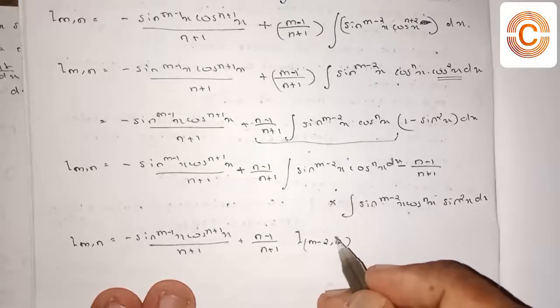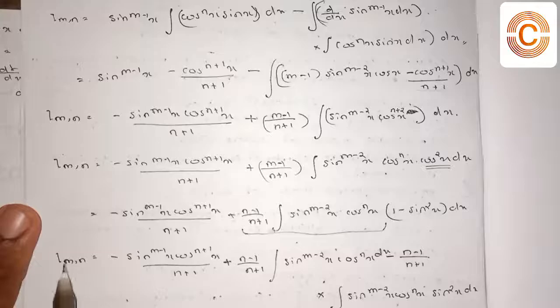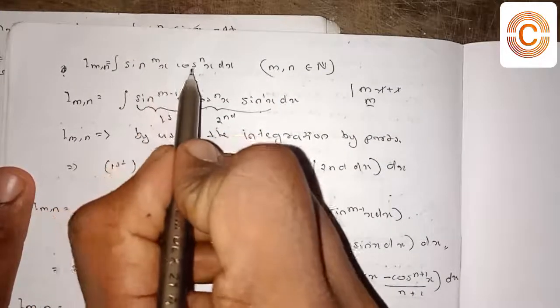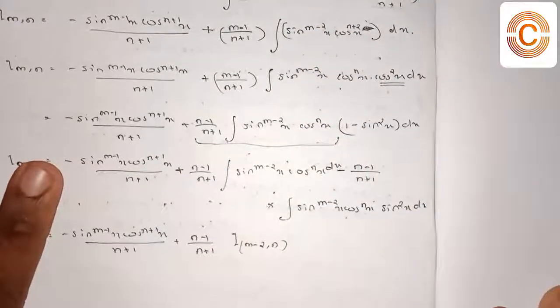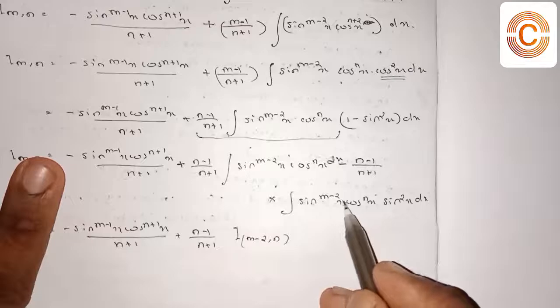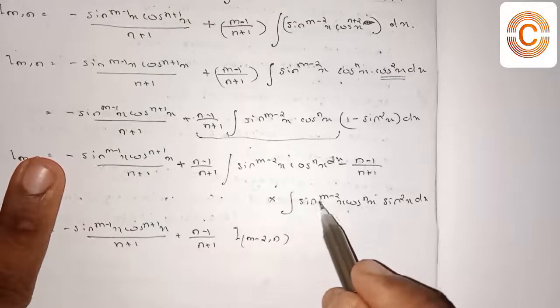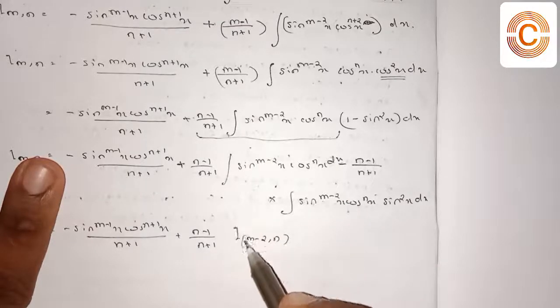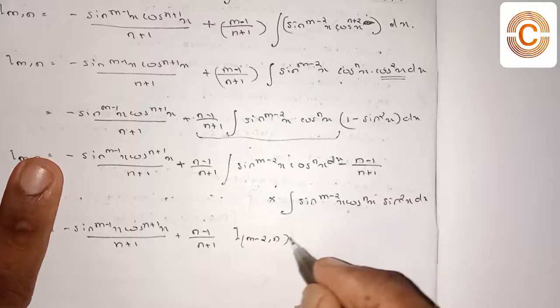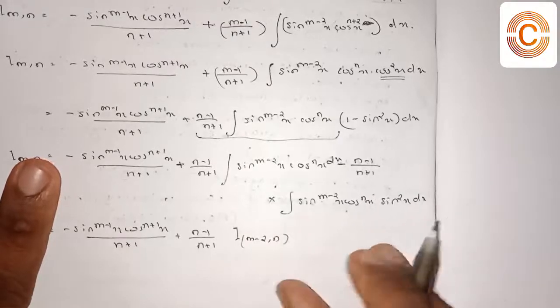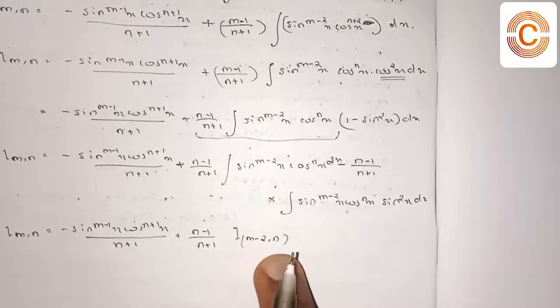We know that we have written earlier the term I m comma n, which means we want to find the integral of sin raised to m x and cos raised to n x dx. So here the value for sin raised to m minus 2 cos raised to n x we can write as the integral I m minus 2 comma n. I means integration, m minus 2 means the power of the sine term, and n means the power of the cos term here.